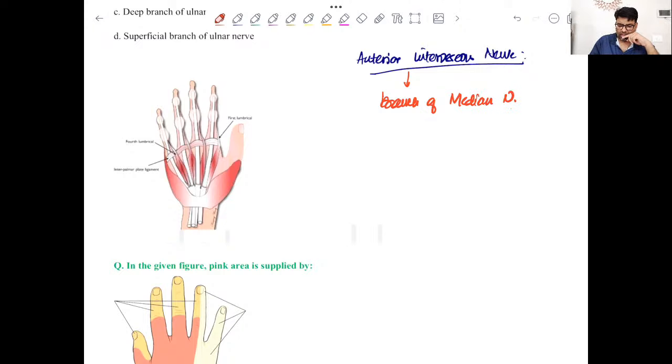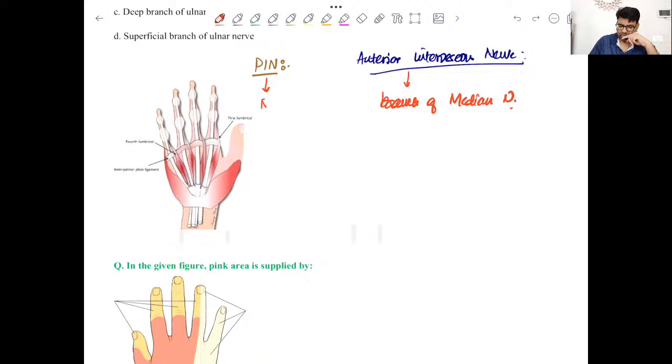Number 2, since we are discussing anterior interosseous nerve, we should know what posterior interosseous nerve is. At many places, if there are branches, anterior and posterior are from the same structure, but this is not the case here. Anterior is from median nerve, posterior is from radial nerve, right?